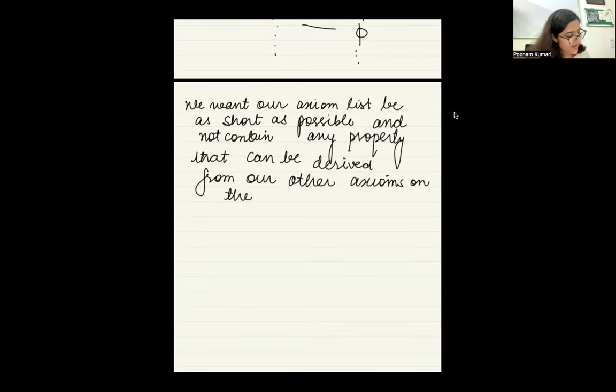So if I have some property which can be derived using the axioms that I have, I don't want to assume it, right? I will prove it. Okay?